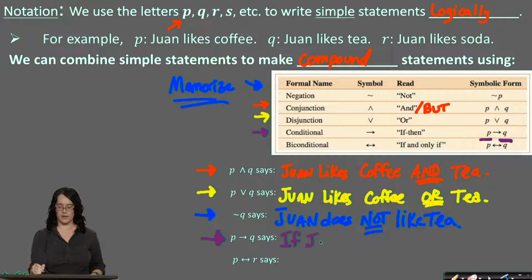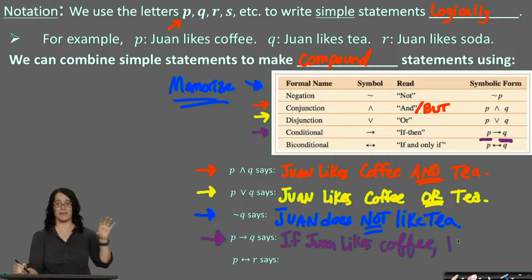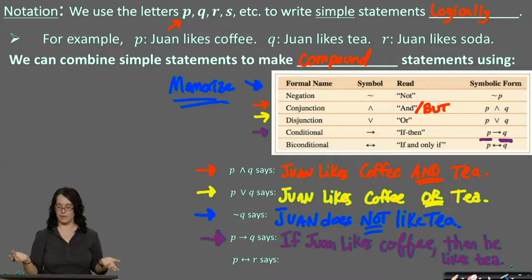So if Juan likes coffee, then you put a comma, that's the end of the condition. Then he also likes what? Tea. Then he likes tea. Usually we put the word also there, but you don't have to. You can just say, if Juan likes coffee, then he also likes tea, or then he likes tea, all right?